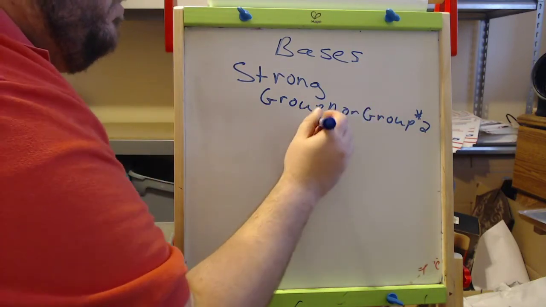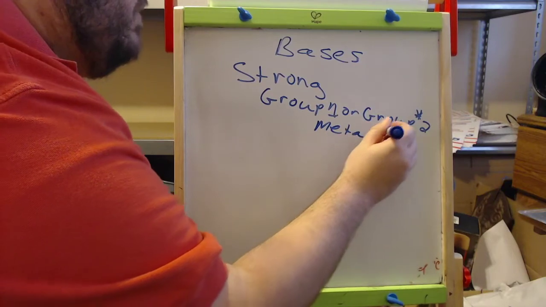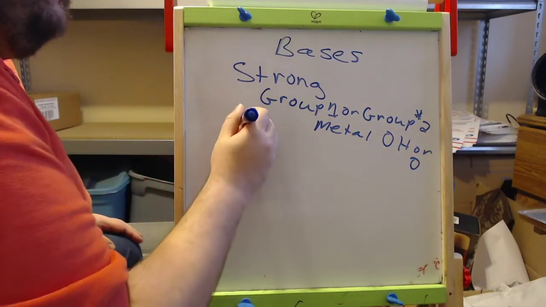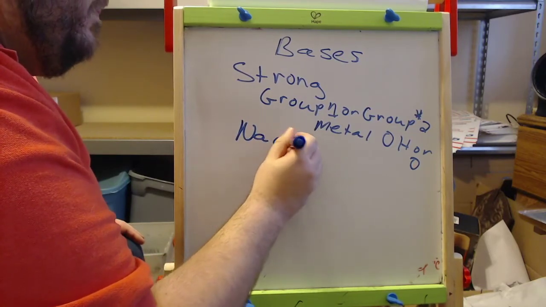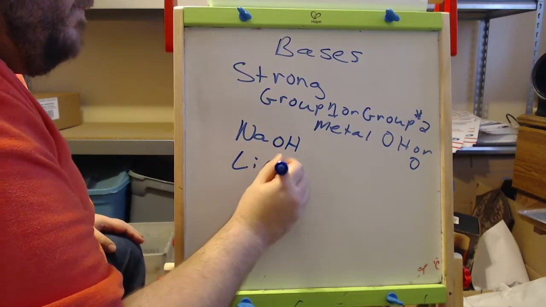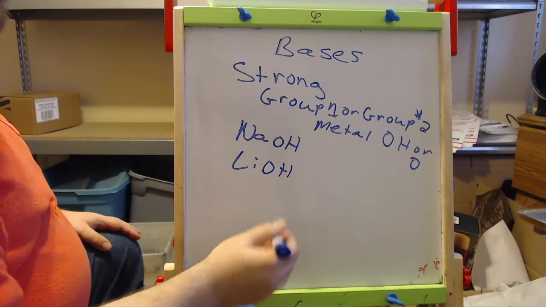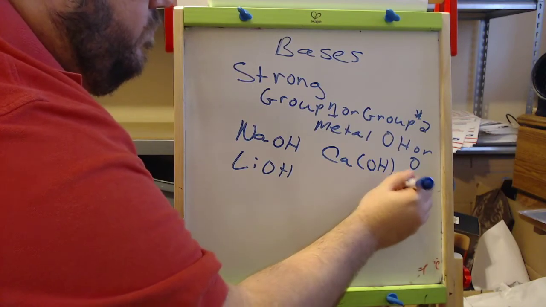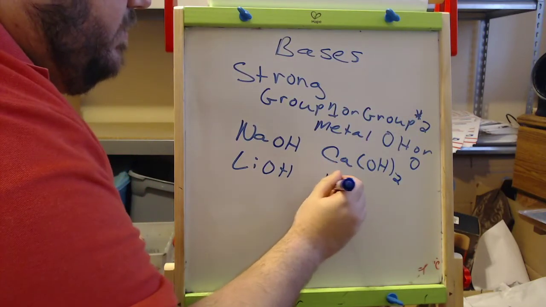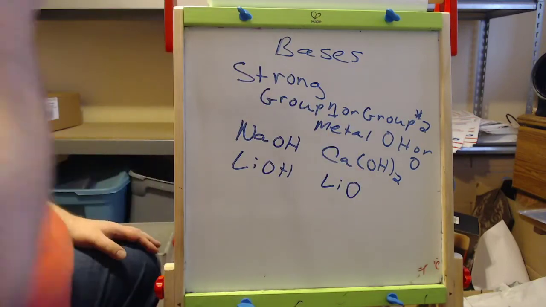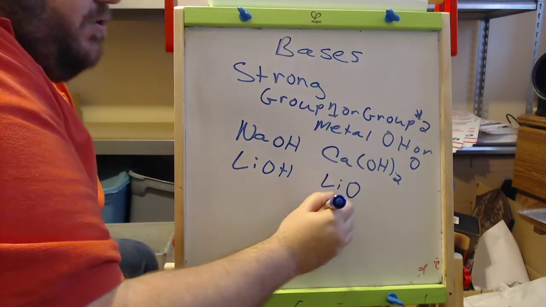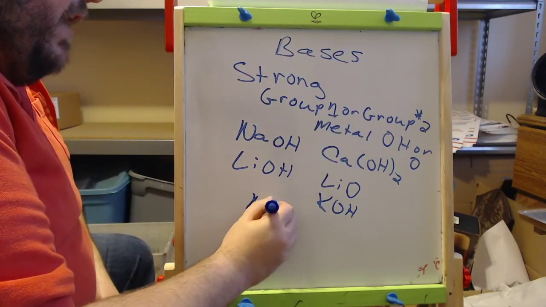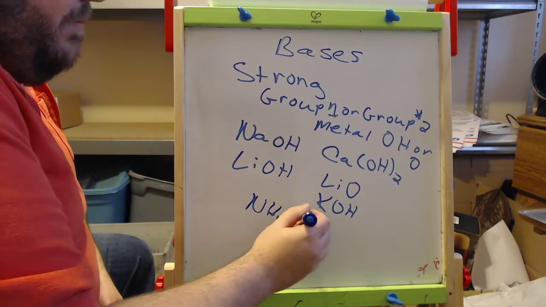So a group 1 or group 2 metal with a hydroxide or oxygen: sodium hydroxide, lithium hydroxide, calcium hydroxide, or lithium oxide, potassium hydroxide, whatever you want. And there's one polyatomic in there that's not a metal: ammonium counts too.